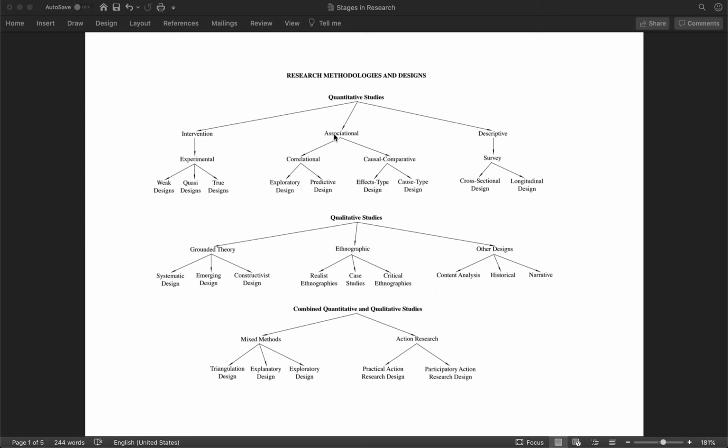You may have heard the term correlation before, and we know the term correlation doesn't mean causation, but it might give you some ideas as to what might be causing the reasons for it. And that's why we have this exploratory design and predictive design. You could design the research to be able to predict how well a group will do based off some correlations.